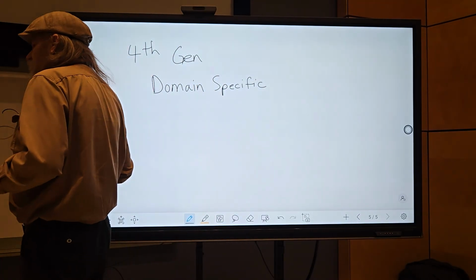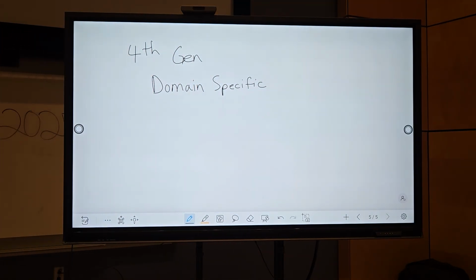They're written for a particular problem domain, like generating reports or writing database programs, that sort of thing.